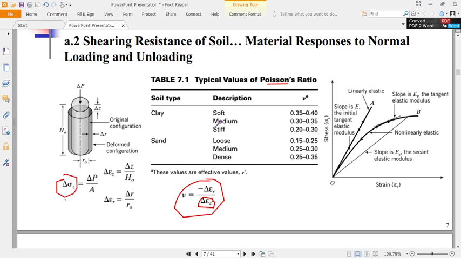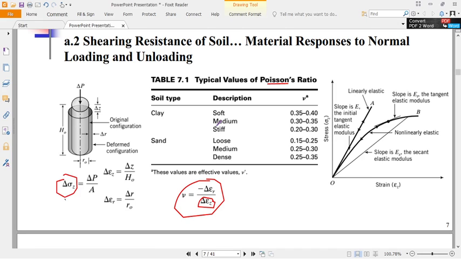Okay. So imagine if we were to load this soil with increments. Is that okay? And whenever we load this soil and unload, the soil goes and follows the same path. Now for that, the material becomes linearly elastic, like material from O to A. Now if you did this in strength of materials, elastic materials deform and follow the same path.